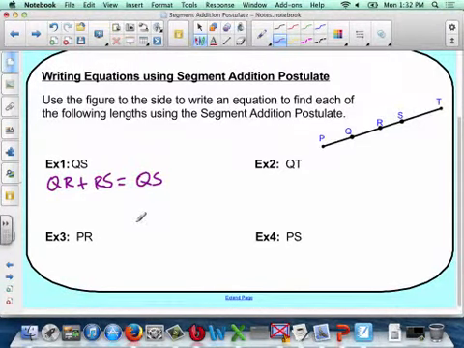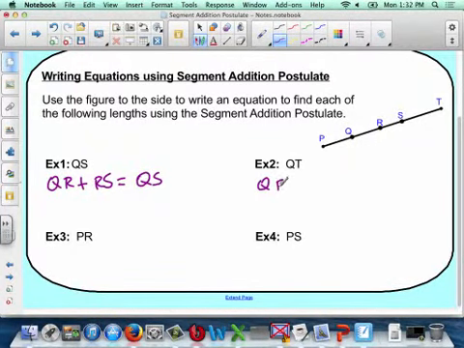So when we name segments, we choose 2 points. So the whole segment would be QS. So QR plus RS equals QS. Who wants to try QT? How can we write QT using the segment addition postulate? Okay?